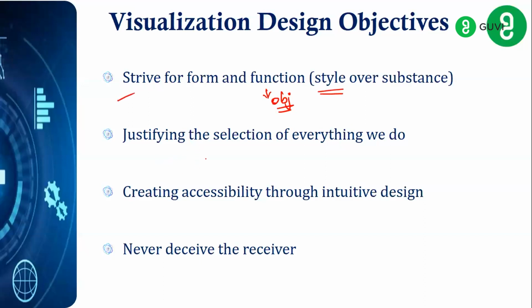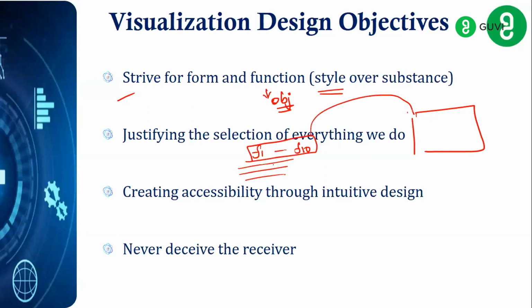And then, justifying the selection of everything we do. Suppose in your data set you have feature 1 to feature 10, and based on the given rows and columns, you will create one visual representation. Yes or no?